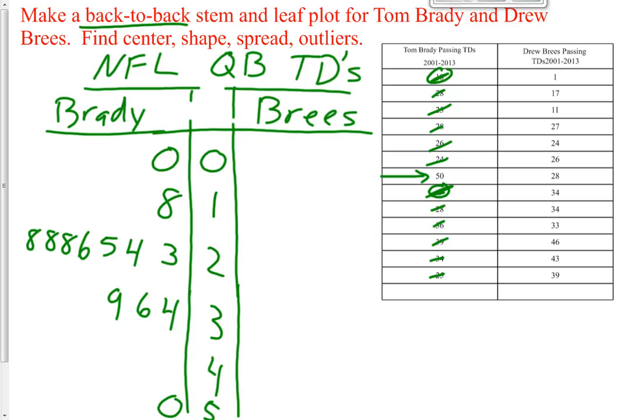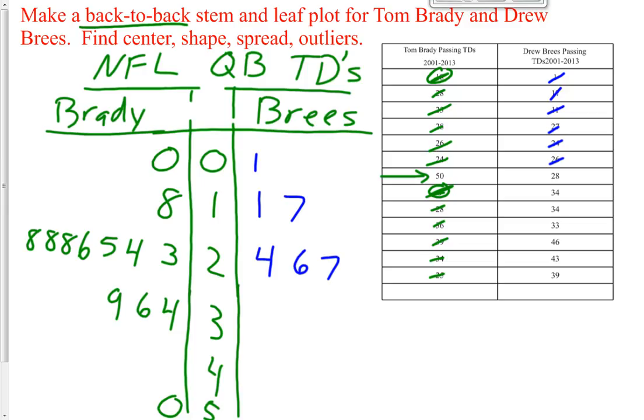Let's do the same thing for Brees now. Brees had a 1 touchdown season, his rookie season, 0-1. Next lowest is 11, 1-1. After that, we have 17. And then 24, 26, 27.